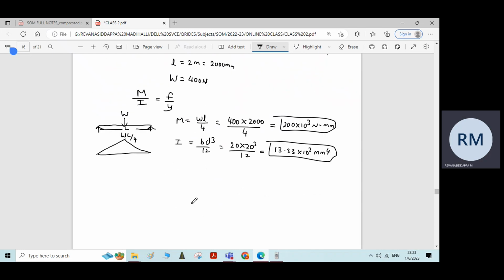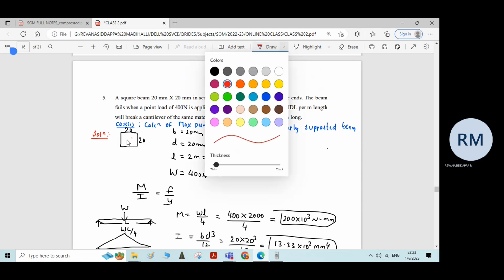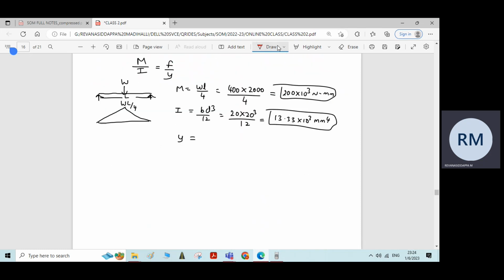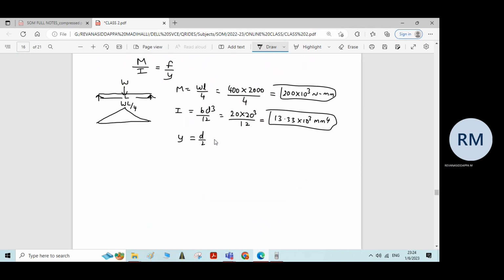And y is distance of extreme fiber from the neutral axis. Here, if it is a neutral axis, distance of extreme fiber will be d by 2. So y is equal to d by 2, 20 by 2, 10 mm.